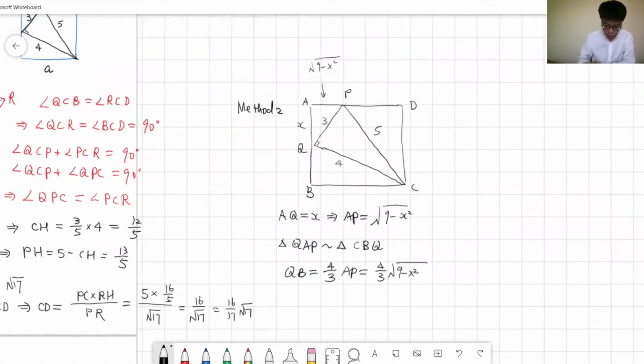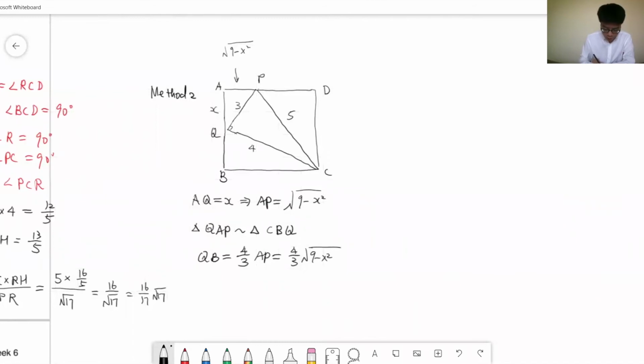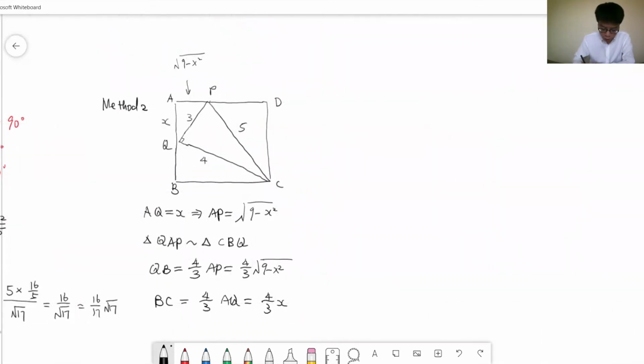Okay. And then we have BC. BC is 4 over 3 times AQ, which is 4 over 3x, right? And then we set our equation by knowing that AB equals BC. This implies x plus QB equals BC.